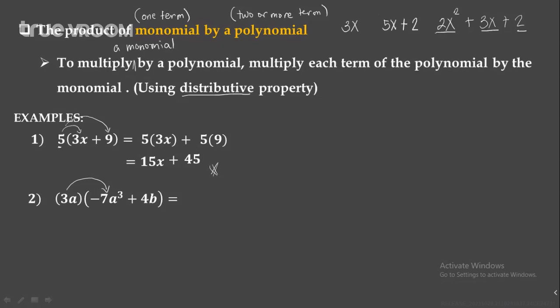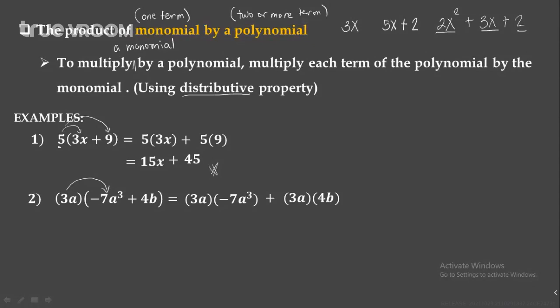Very good. Okay, next, what will be the sign? Plus. 3a times 4b. Very good. Okay, next, you multiply 3a times negative 7a cubed. What is the answer?